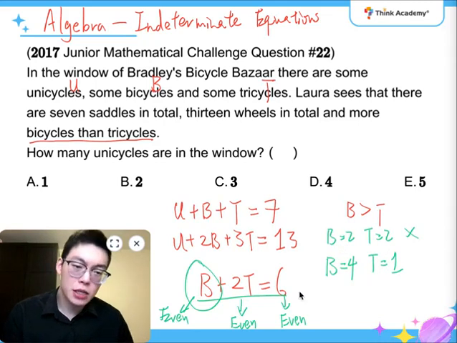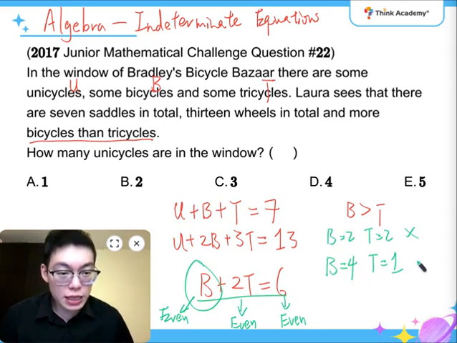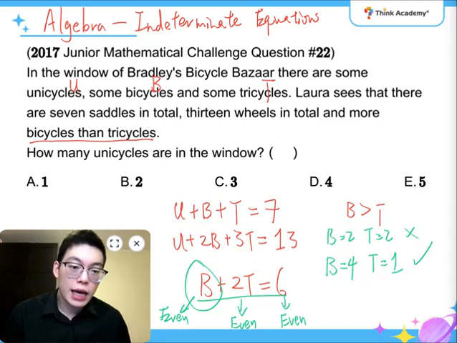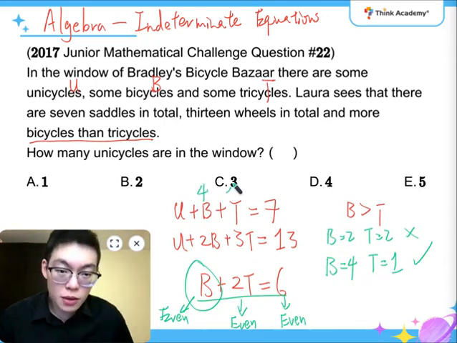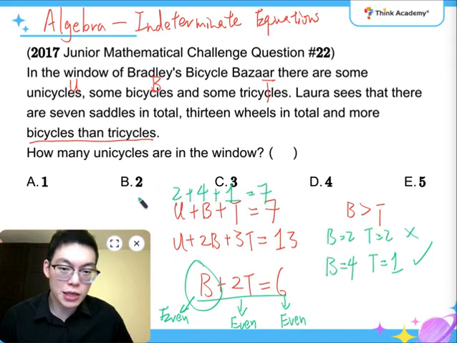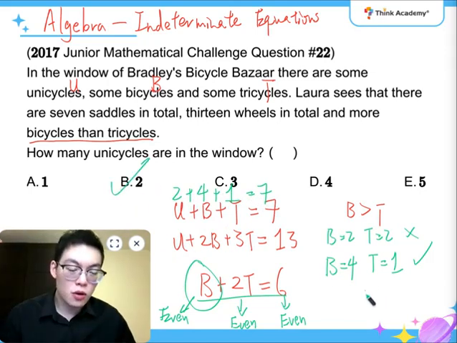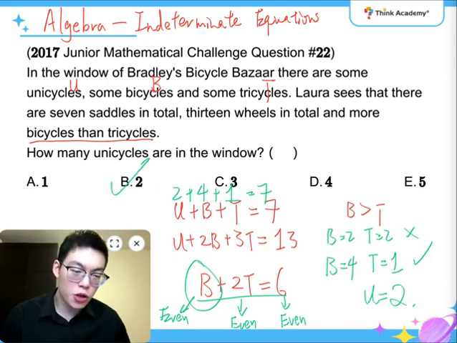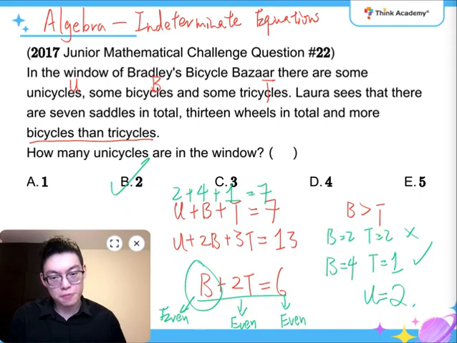Right? So this time B is greater than T. So it works. And if there are 4 bicycles and 1 tricycle, we can see that 2 adding 4 adding 1 is 7. Right? So it means that there will be 2 unicycles. Alright? So the answer is going to be 2 for this one.